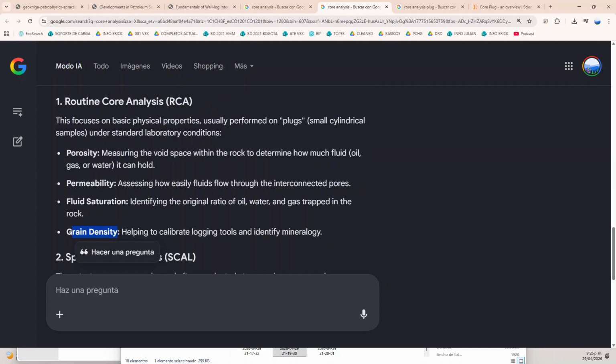So what is porosity? Porosity is measuring the void space within the rock to determine how much fluid, oil, gas, or water we can have. Permeability is assessing how easily fluids flow through the interconnected pores.